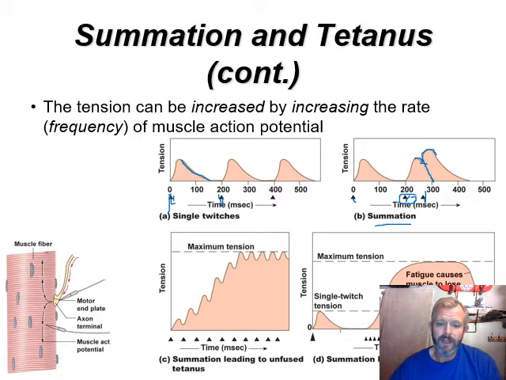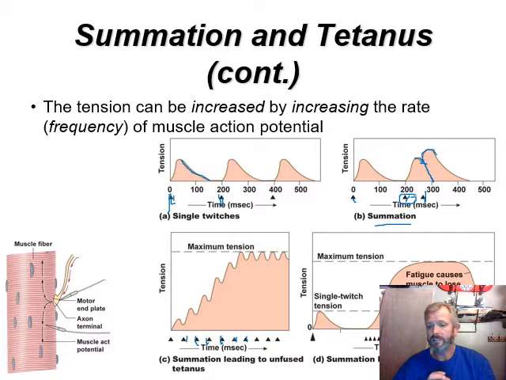Right? If I start ramping up and give more and more stimulations, as you see here, open the calcium channels, open the calcium channels. So opening those calcium channels, I'm starting to flood the muscle with more and more calcium. The calcium levels are going up.